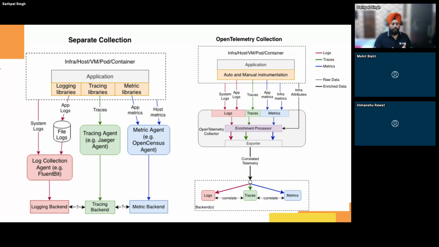It was really complex to relate what happened between two services, or between a service and backend components like a database, a Redis cache, or Kafka. There were multiple separate agents doing their job, but the data was too much and there was no way to relate it.